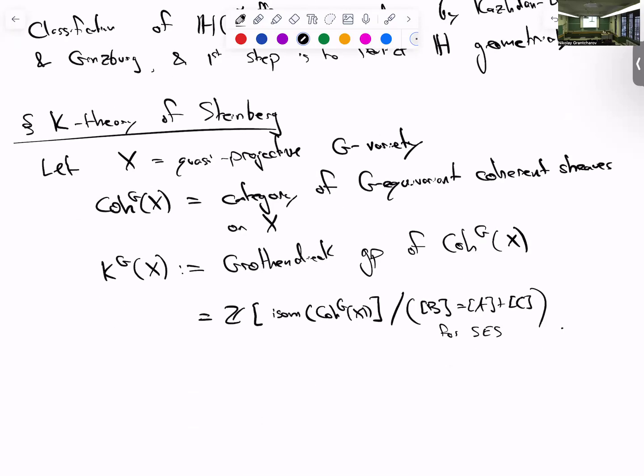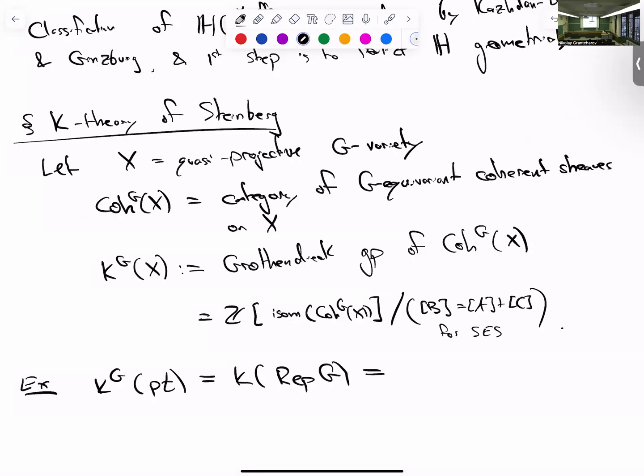Now, let's do some easy examples. So the first example is the K theory of the point. So coherent sheaves over a point are just vector spaces, and we require a G action. So these are just representations of G. And this is denoted by R of G, the representation ring.